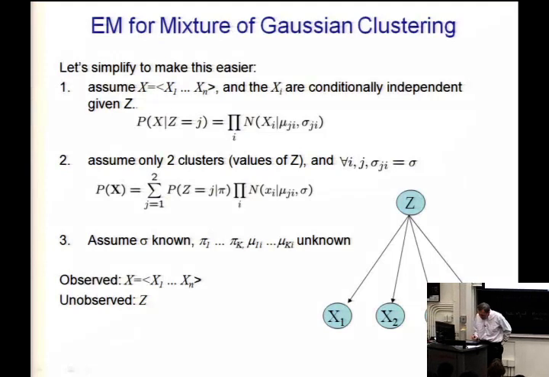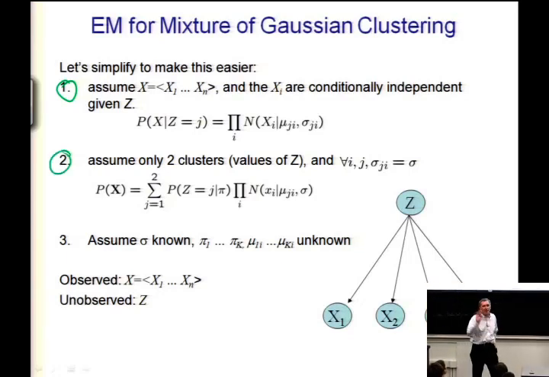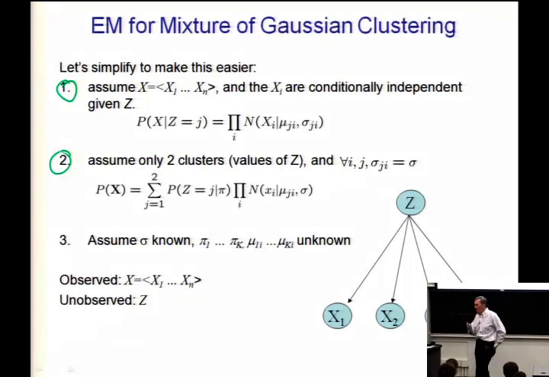So to be precise about my assumptions here, I'm making the naive Bayes assumption of conditional independence of the xi's given z. For the sake of simplifying the arithmetic, let's assume we only have two clusters, and we know that in advance. So z can either be 0 or 1.